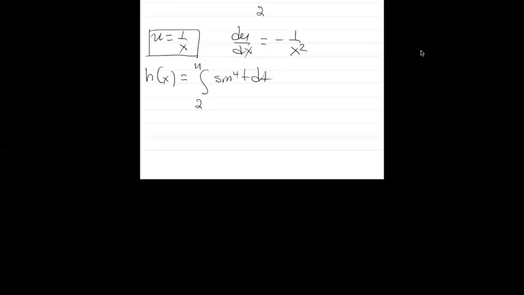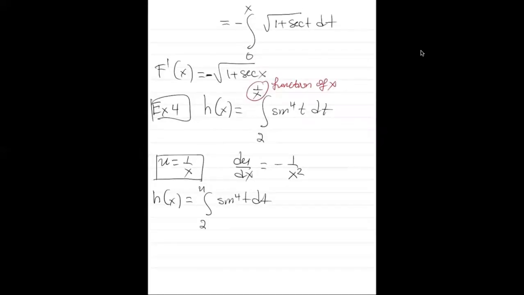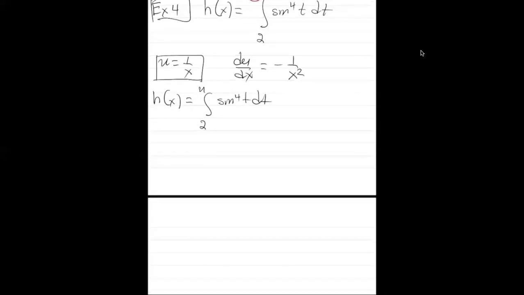So we're ready now to take d dx. Now d dx of our integral, which is the derivative of h that we're trying to find, is d dx of the integral from 2 to u of sine to the fourth t dt.